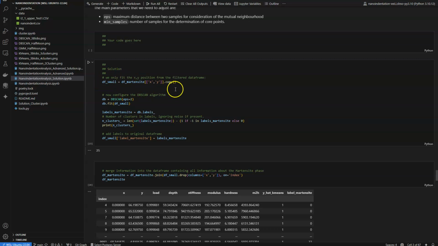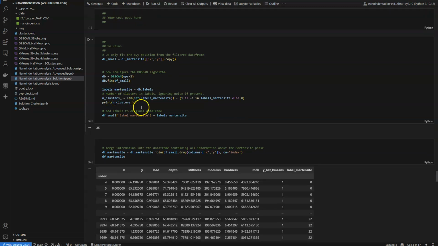Here we have a small data frame where we just use the x and y values and then initialize our clustering algorithm. Notice that we only specify the minimum samples and epsilon here and not the number of clusters.